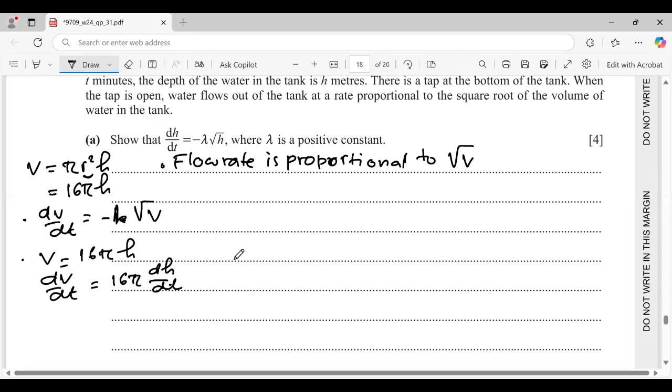After that, set this equal to the outflow rate, so 16 pi dh/dt equals minus k square root V, and V is 16 pi h, so it becomes minus k square root 16 pi h.